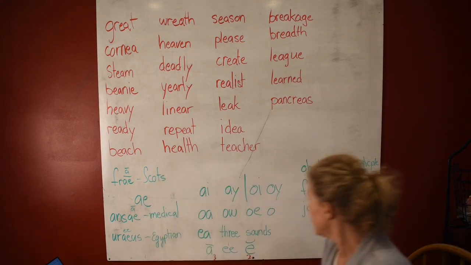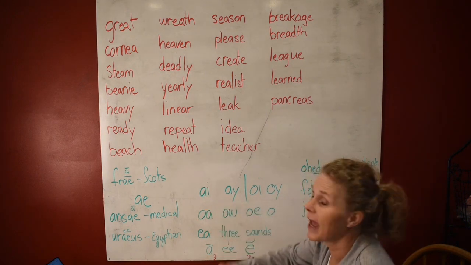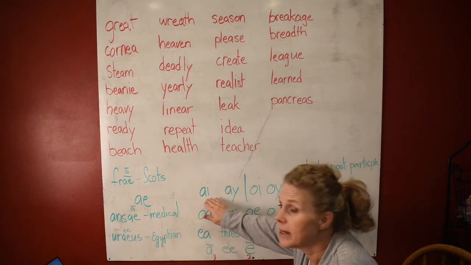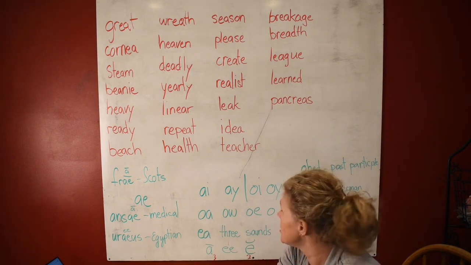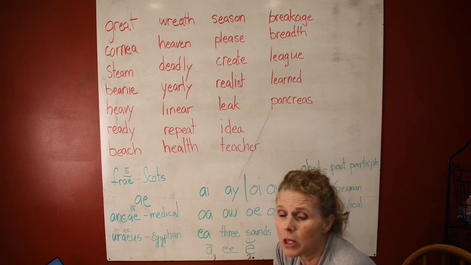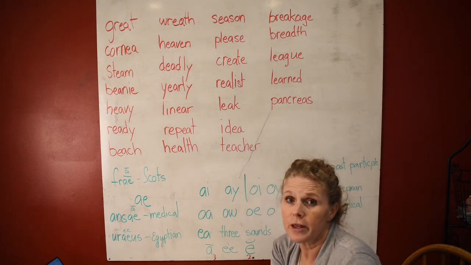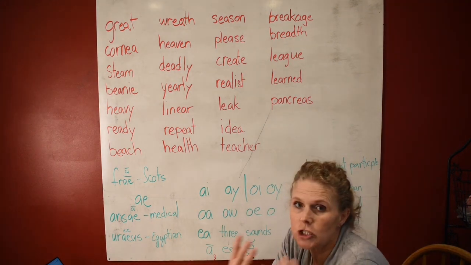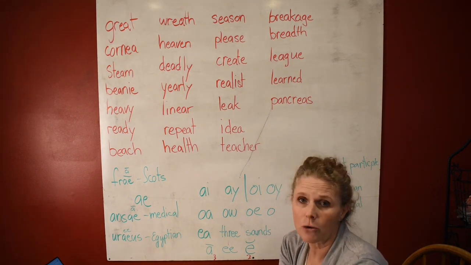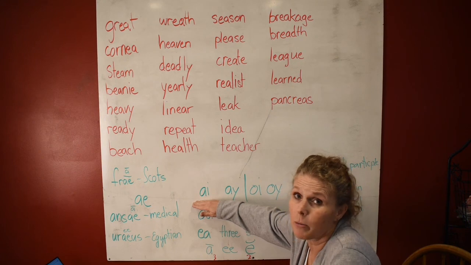And so we have the AI and the AY that say A. And the AI goes in the middle of words. We do not see this at the end of words because I's do not belong at the end of our language. The Italian language, if it doesn't actually belong in our language, like fettuccine, rigatoni, spaghetti, they're not part of the English language.